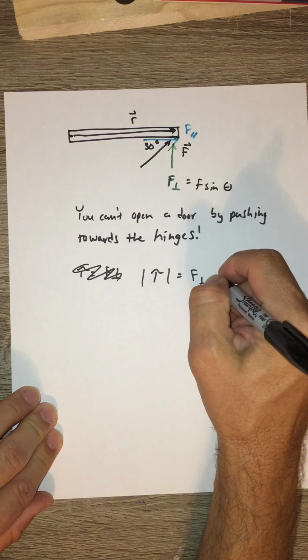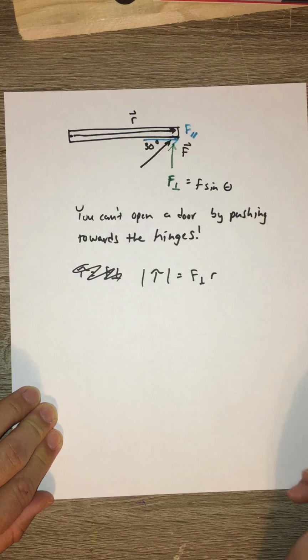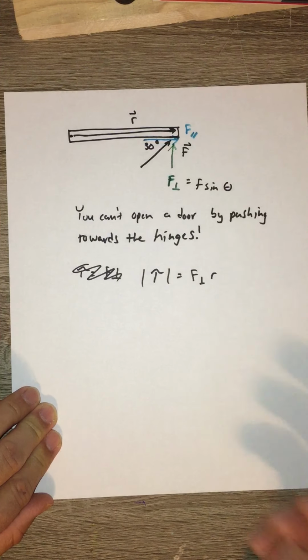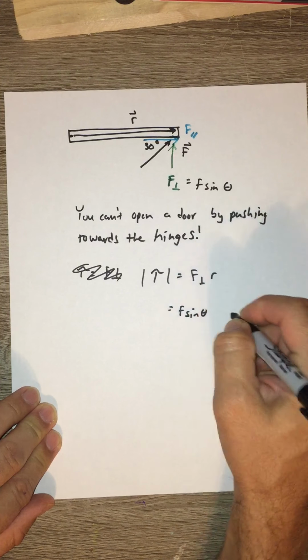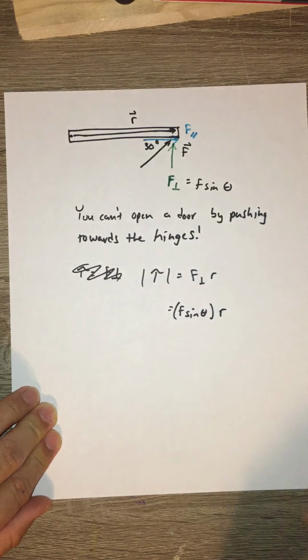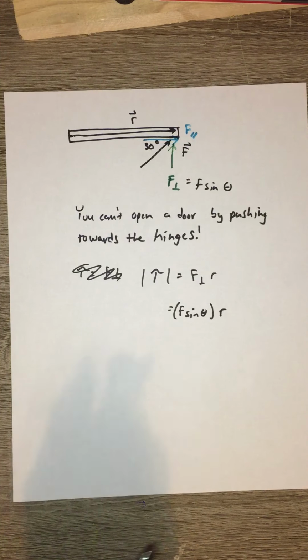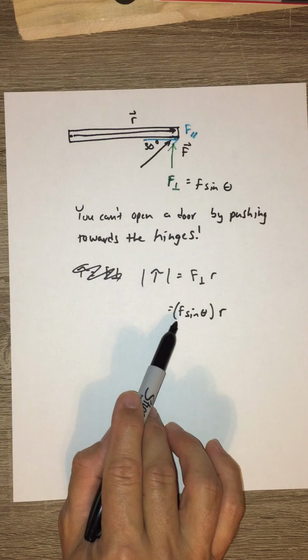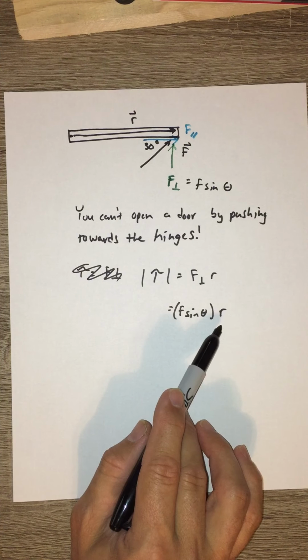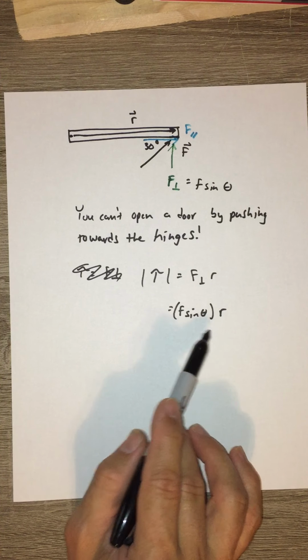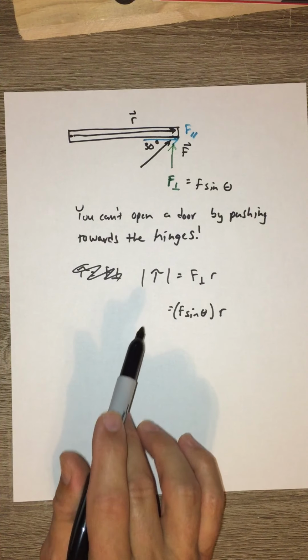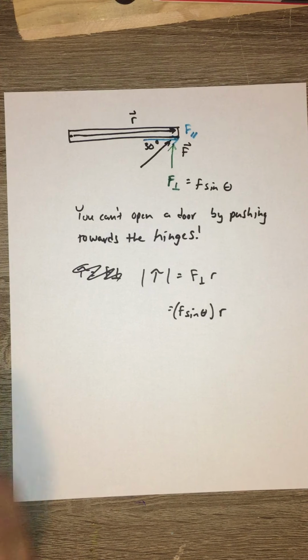And so that's just going to be R, the magnitude of that vector. In this case, I'm going to get F sine theta times R. So we've picked off the component of F that's perpendicular to R, multiplied it by that distance, and I then get the magnitude of the torque produced by this force.